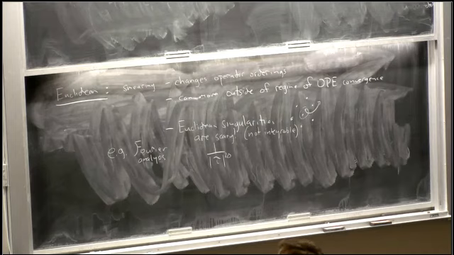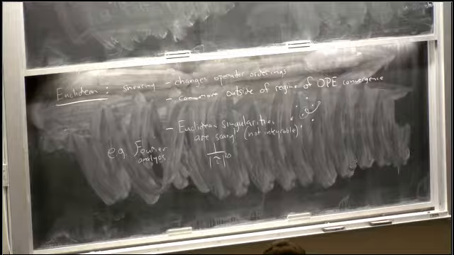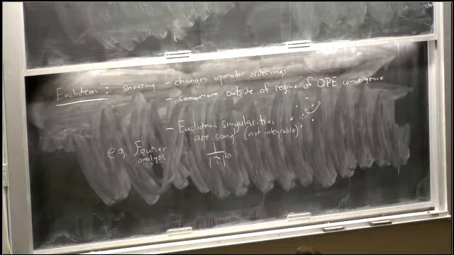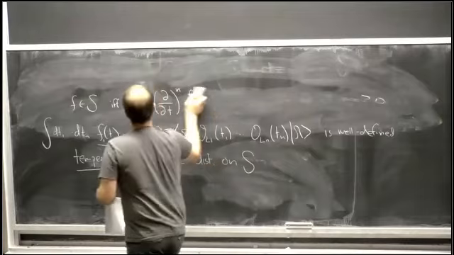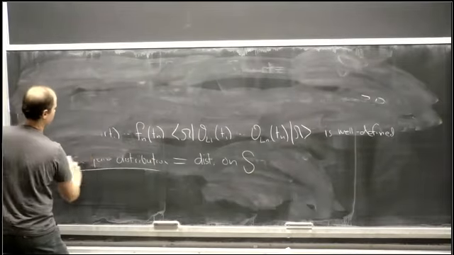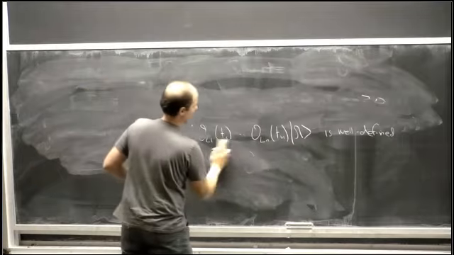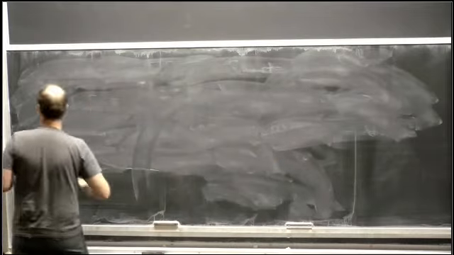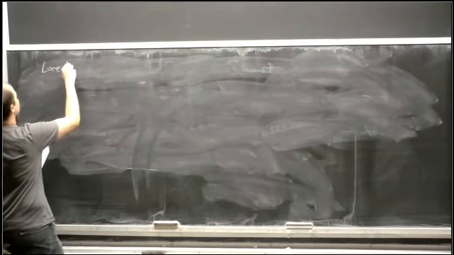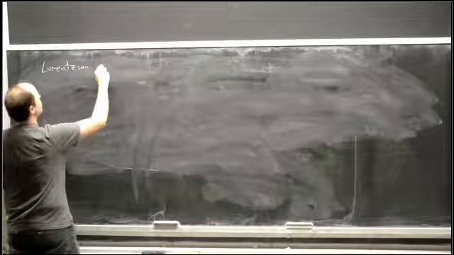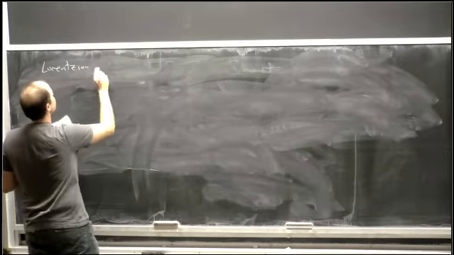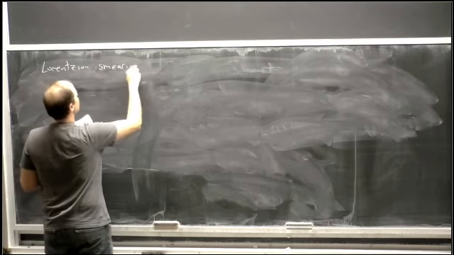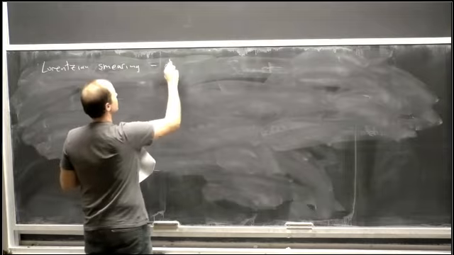So with the remaining time, let me just contrast this with the situation in Lorentzian signature. So in Lorentzian signature, first of all, you can smear a Wightman function.